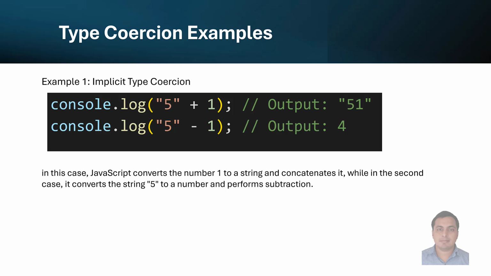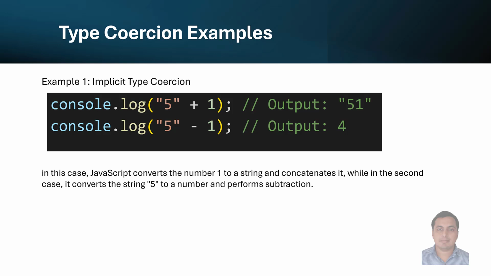Type coercion examples. Let's take the first example. Example 1 is implicit type conversion, where we write console.log string 5 plus 1, the output is 51, and the second line is console.log string 5 minus 1, the output is 4. In this case, JavaScript converts the number 1 to a string and concatenates it, while in the second case, it converts the string 5 to a number and performs subtraction.